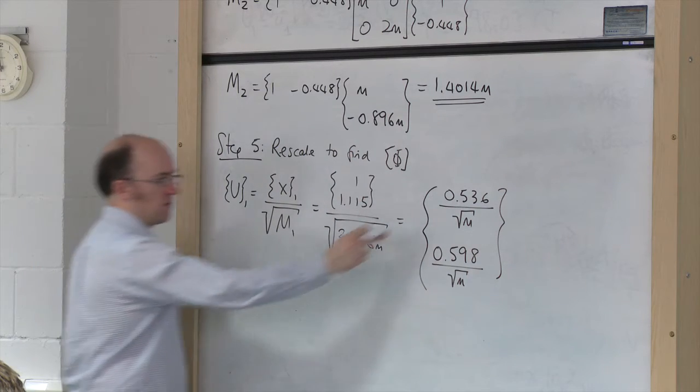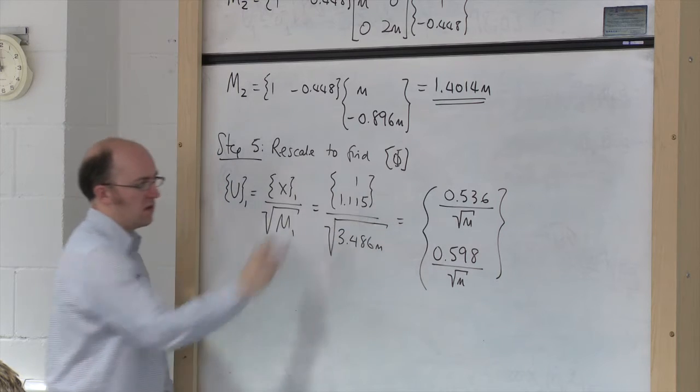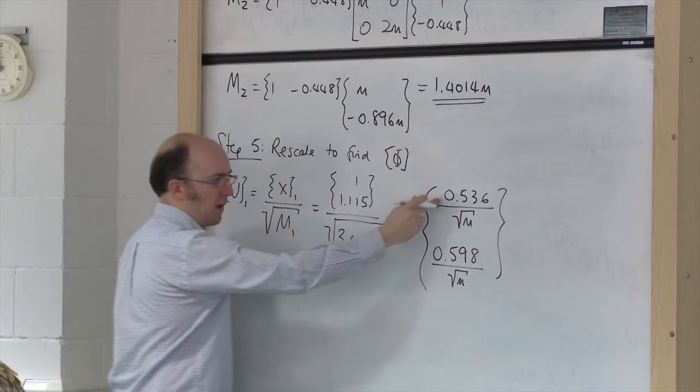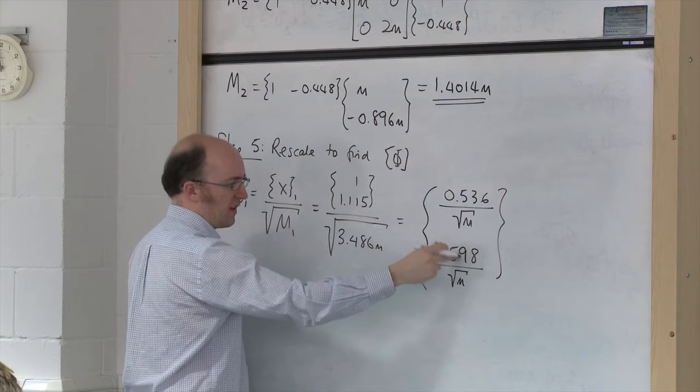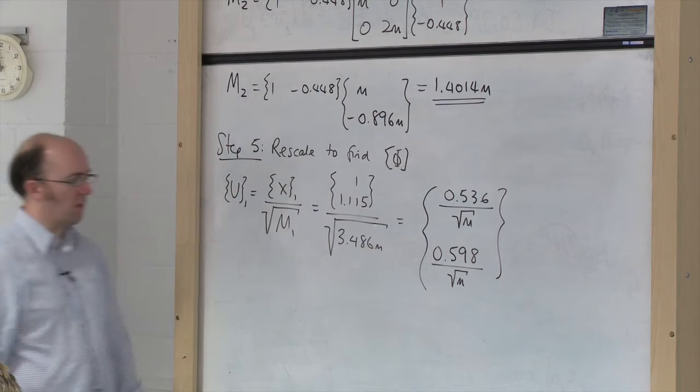Now this scaling is exactly the same as this scaling, okay? If we divided this by 0.536, we get 1. If we divided this by 0.536, we get 1.115, okay?